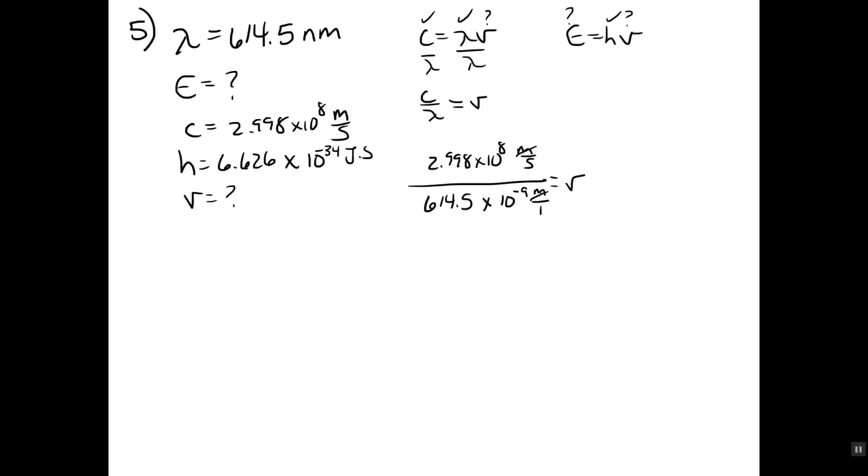Now, those cross out. You can have 1 over S again, and 2.998 times 10 to the 8th divided by 614.5 times 10 to the negative 9th comes out to 4.879 times 10 to the 14th 1 over S. So that's now our value for the frequency, which I can go ahead and write in here.